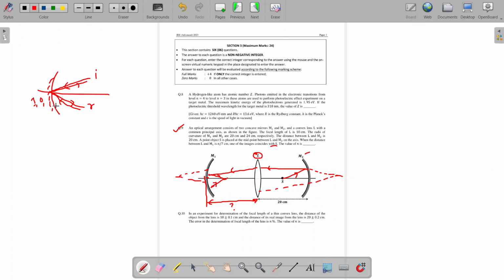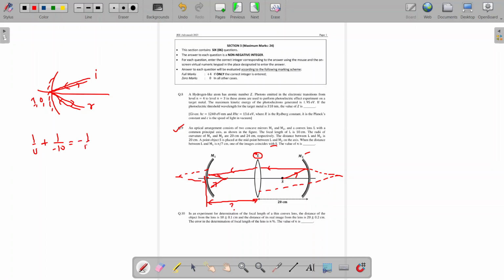So let's see. Okay. So let us start the image formation. First, the object is placed at 10 centimeter. So it's a concave mirror. So we have object distance as -10 and focal length of mirror 2 is 12.